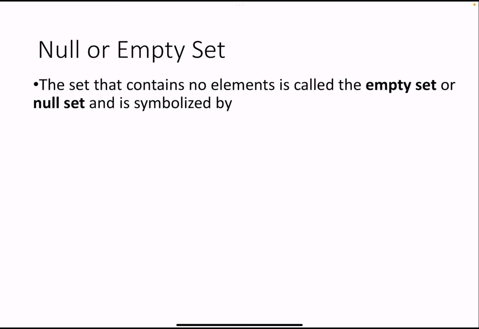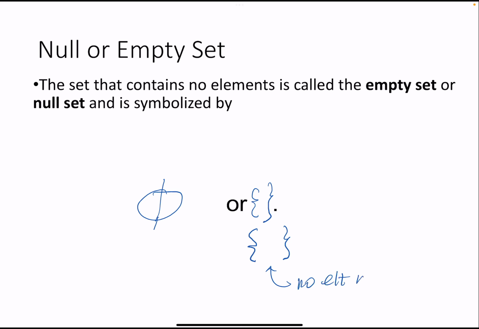So what is a null or empty set? Well, a null or empty set, by the way, they mean the same. Typically they use this symbol or this symbol to represent a null set. Let me write this. This notation means that there is no element inside.